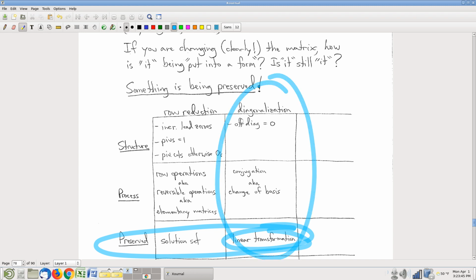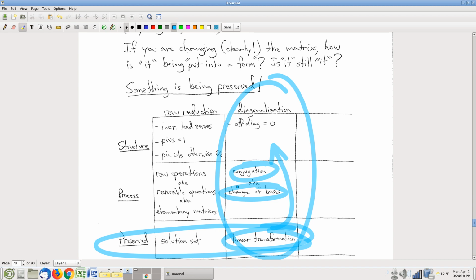So make sure to keep that in mind. We are not talking about homogeneous solutions, right? And really, when we write down a matrix, the matrix isn't what we're fundamentally interested in in this context. What we're really interested in is that underlying linear transformation. This process of doing conjugations, or to say it a little more intuitively, this process of doing change of basis, the whole point is that it does not change what we are in fact really interested in, the underlying linear transformation.